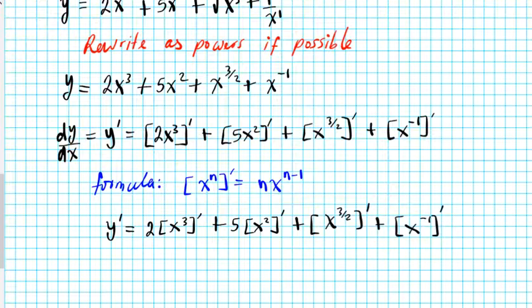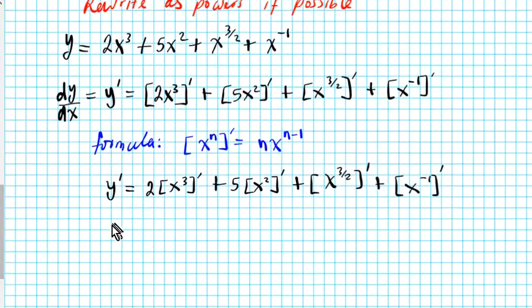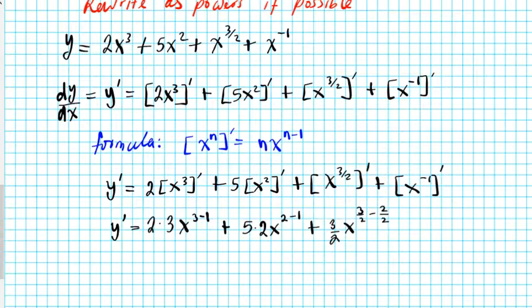Okay, we are now ready to start differentiating one at a time. So let's look at the first one. y prime is equal to, alright, so it's going to be 2 power down to 3, x to the power, mark it down by 1, plus 5 power down to 2, x to the, mark down the power by 1, 3 over 2, x to the 3 over 2, mark the power down by 1, but an equivalent fraction of 1 is 2 over 2, so I can subtract it without wasting time.